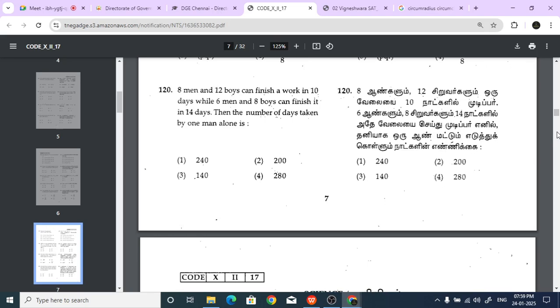Okay, read the 120th question. 8 men and 12 boys can finish a work in 10 days, while 6 men and 8 boys can finish it in 14 days. Then the number of days taken by one man alone is... How do we do it? Have you studied this kind of problem?